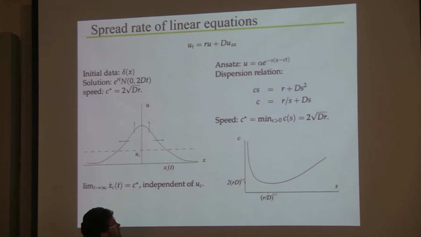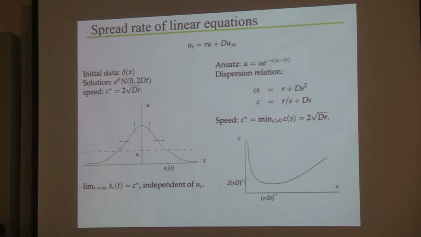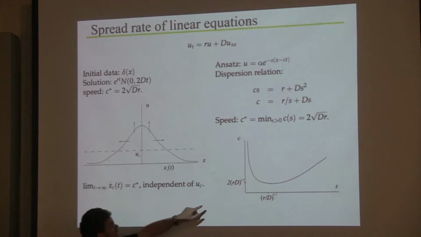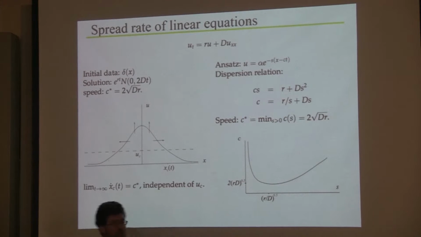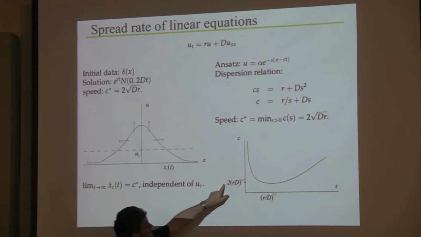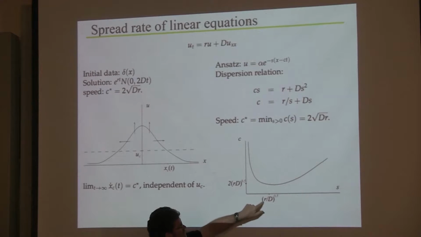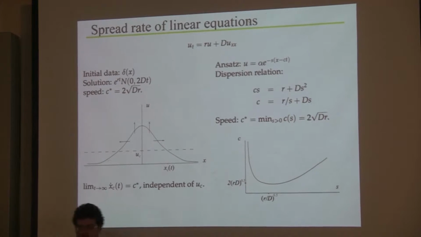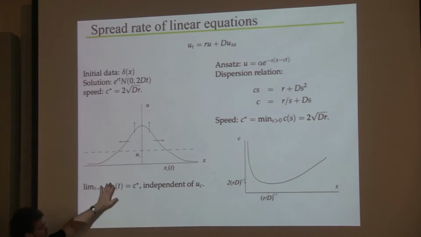This is a very common way of writing the idea of a spreading speed for a population. It's the minimum of this speed coming from the dispersion relation, and here we have 2 times the square root of r times d. This is the steepness of the wave that gives us that. We'll be doing this in the lab for a slightly different formulation, so we'll come back to that. So we've got 2 ways of looking at things, this way and that way.